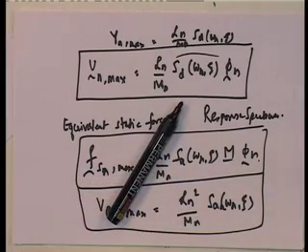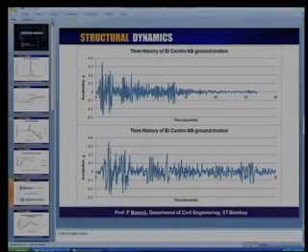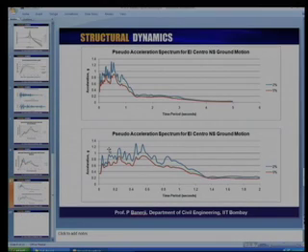So if we look back at something that we had looked at earlier, the original thing that I had done: this is the time history, this was the deformation, this is the velocity, this is the acceleration.